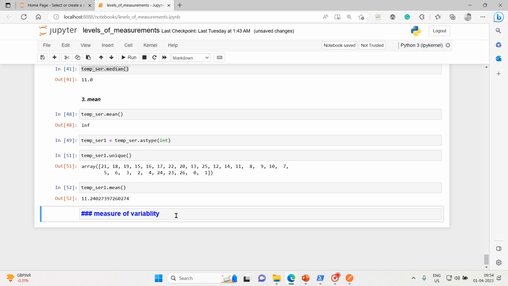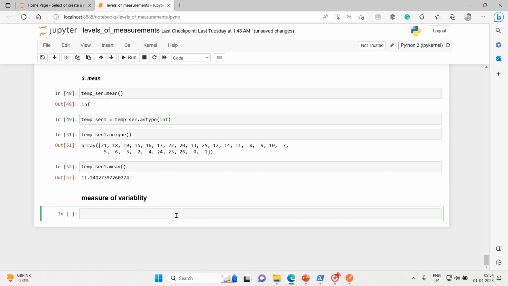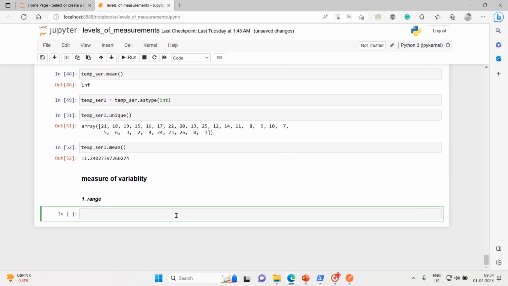I'll put it as 3, and inside that the first one is range. The range comes under measure of variability. It will tell you how far the data has been distributed, from where to where. For that we use this.